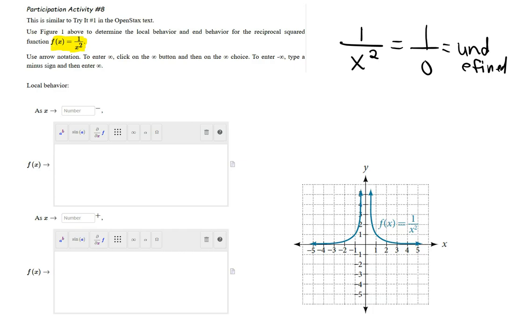So, when I'm looking at what's happening in my graph, 0 is right here. That's where 0 is on the x-axis.